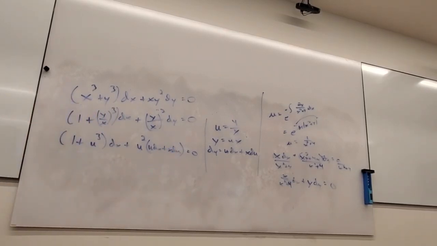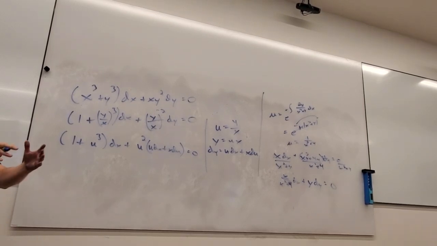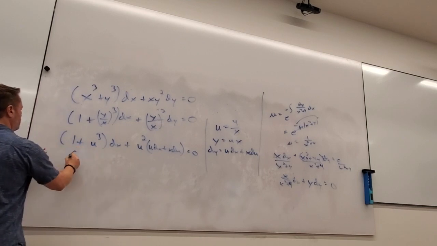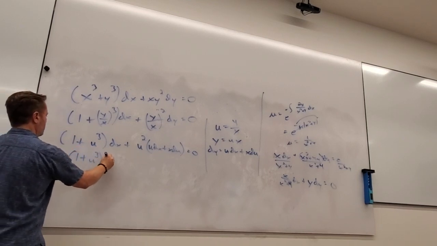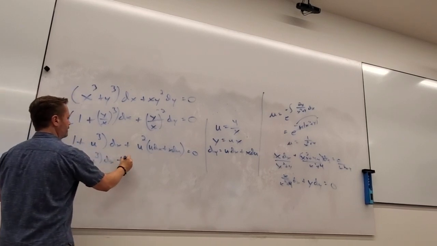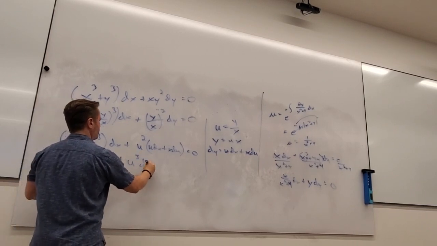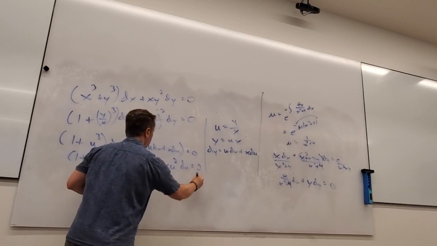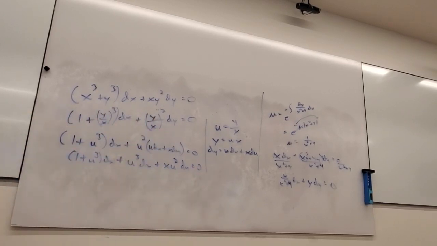Again, that looks a little worse than you want it to, but that's not bad, especially because it's about to be separable. So then I get 1 plus u cubed dx plus u cubed dx plus x u squared du, just distributed, right?